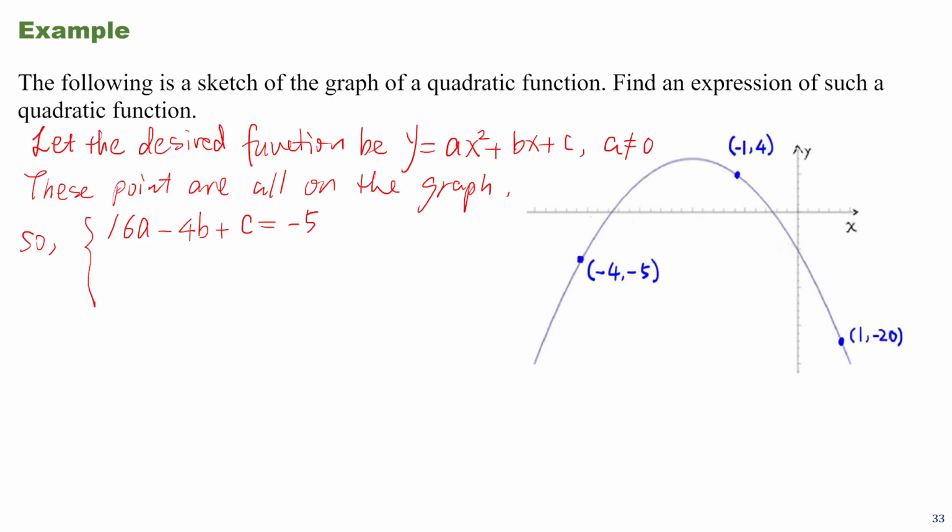And then we also have when x equals -1, that's a minus b plus c equals 4. And also when x equals 1, we have a plus b plus c equals -20.